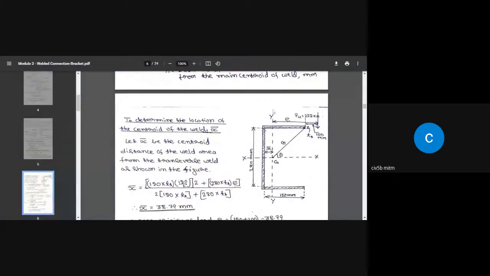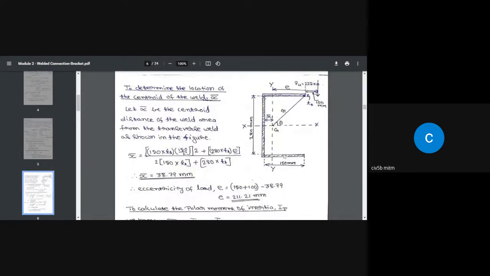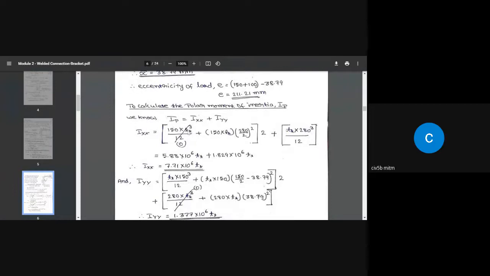So that is 150 multiplied by T cube by 12, plus, when you apply the parallel axis theorem, the area of this weld and the square of the perpendicular distance: 150 multiplied by TT multiplied by 280 by 2 square.